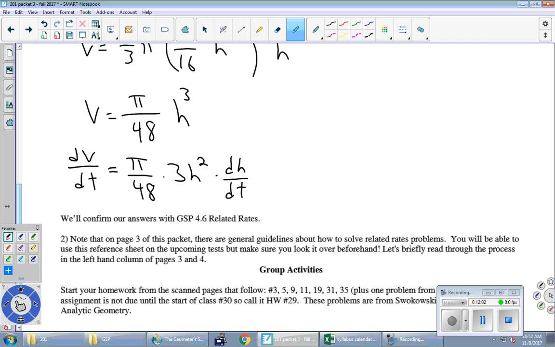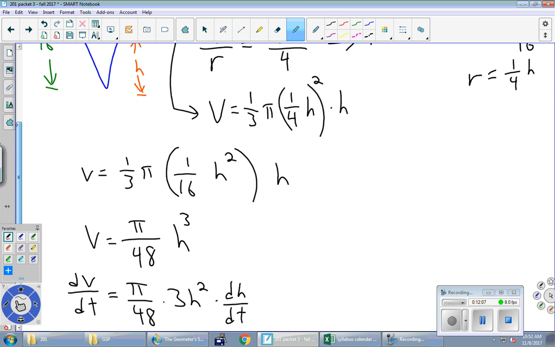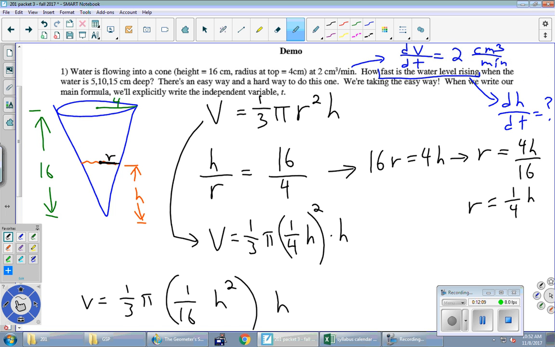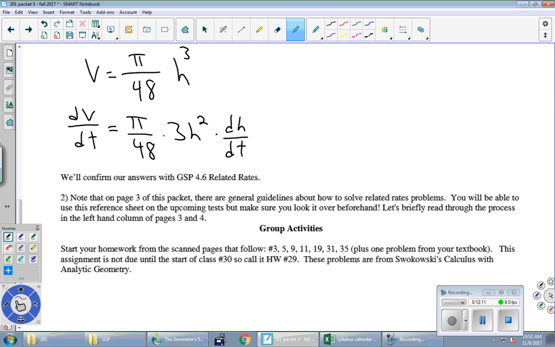Okay, so this question asked us to find dh/dt because it said how fast is the water level rising. All right, so I think we can just do a little bit of algebra here to solve for dh/dt. Equals, oh, one thing, we can clean this up just a tiny bit. 3 goes into 48 16 times.